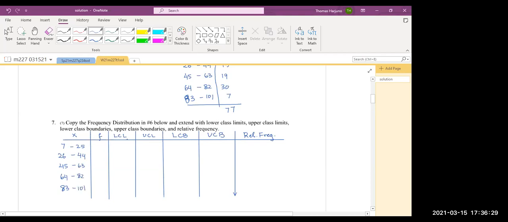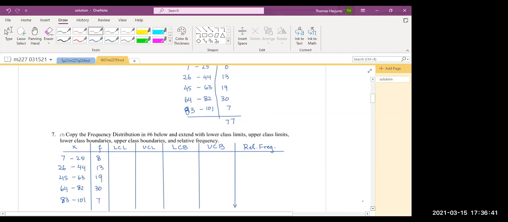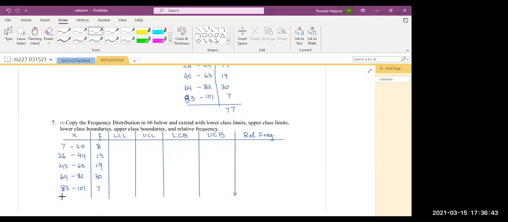And the frequency will be 8, 13, 19, 37. So don't forget that you need to add the frequency and relative frequency later on.